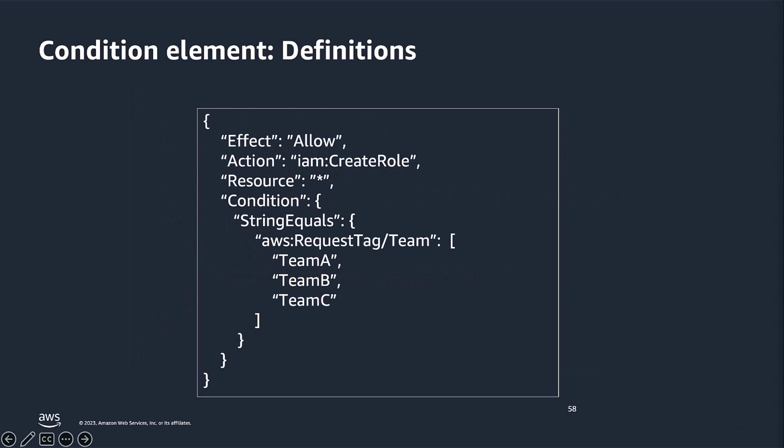Let's start with the definitions of different elements that make up a condition. The operator defines what comparison IAM should perform to attempt to match the values in your policy with the values in the authorization context. The key defines which value in the authorization context IAM should look at for the comparison. And the values are either a single value or a set of values that must match the value in the authorization context for a statement to match.